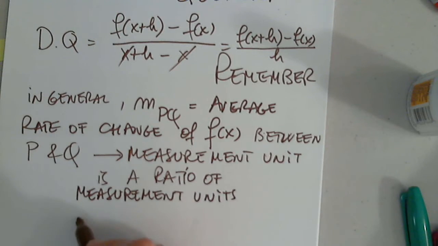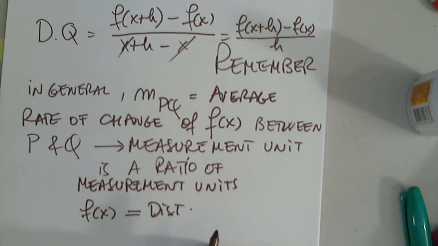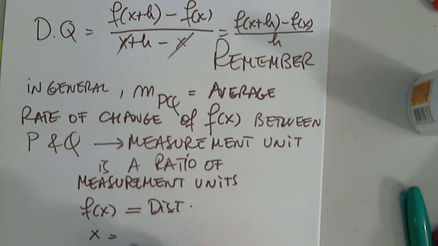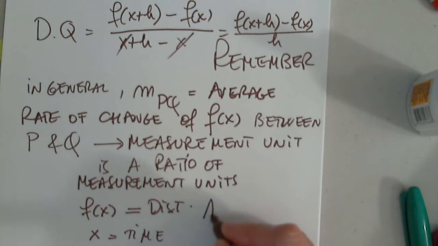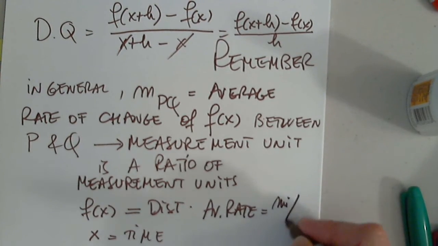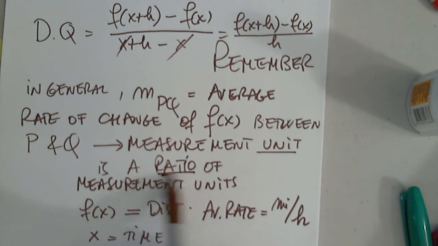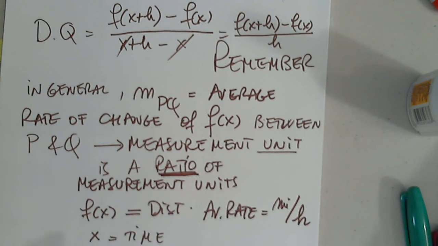So if the function is a distance and x is time, then the average rate is measured in miles per hour. So it's a ratio of two measurement units.